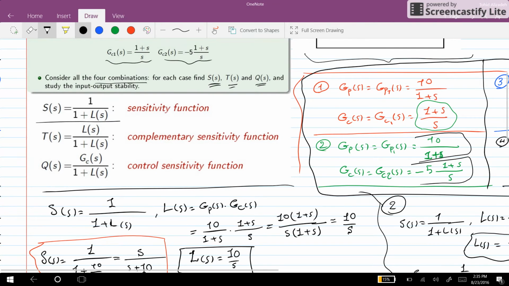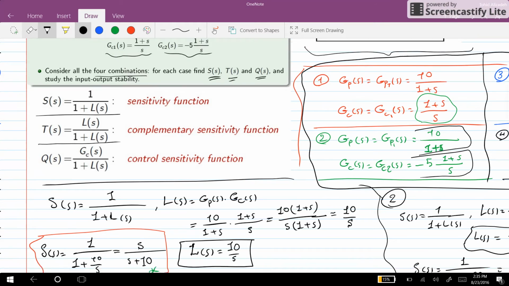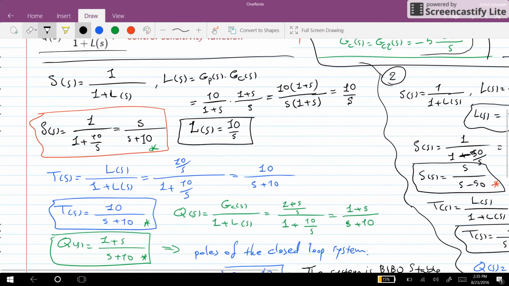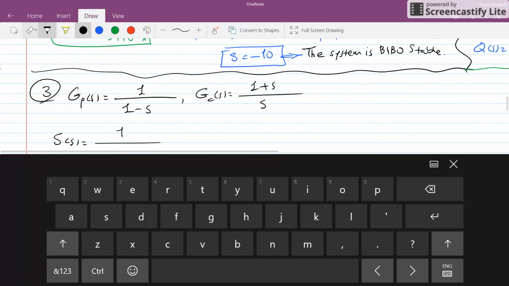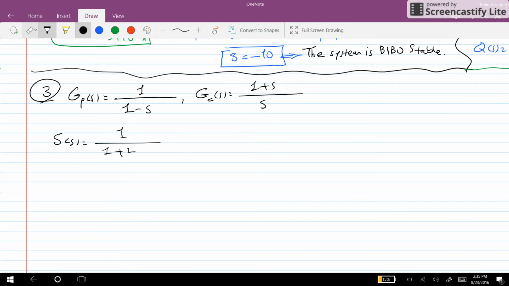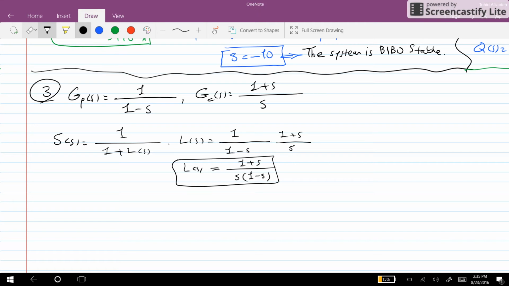Sensitivity function is 1 over 1 plus L, T is L over 1 plus L, and Q is GC over 1 plus L. So here we have 1 over 1 plus L, in which L is given as 1 over 1 minus S times 1 plus S over S, which will result in 1 plus S over S times 1 minus S. And using this L, replacing it here, we will get 1 over 1 plus (1 plus S) over S times (1 minus S).